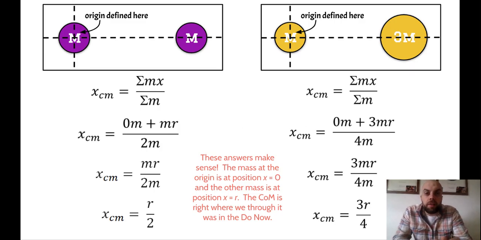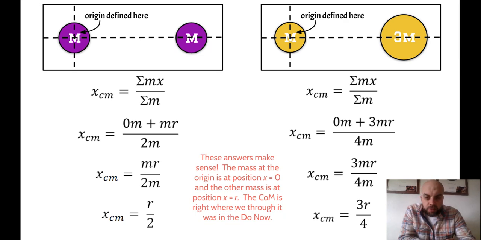This case details the examples that we looked at in the do now. These calculations might look crazy right now, but let's follow them along. In this purple one here, I'm saying that the origin is at the left mass, the center of that one. That puts that mass m at a position 0. So its mass position would be 0. Mass m, position 0, so mass multiplied by position is 0. I'm going to say the second mass over here is at a position r. Could be anywhere.